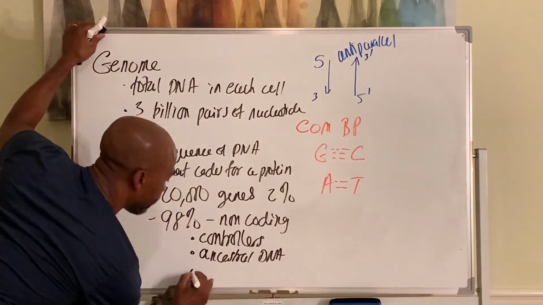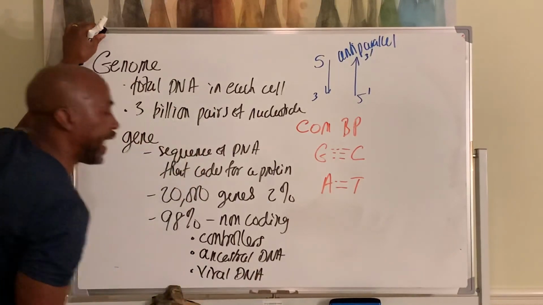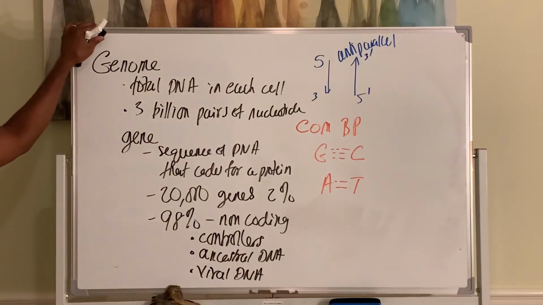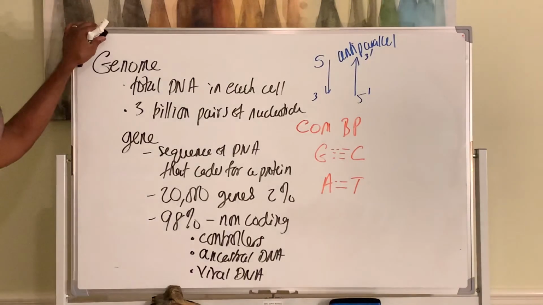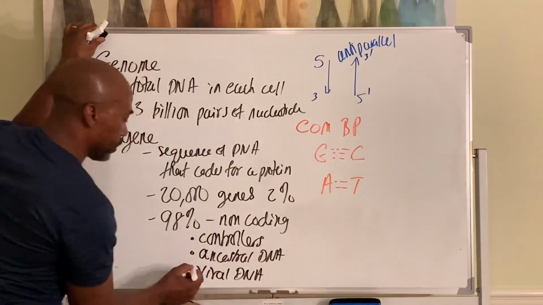And we also have viral DNA, meaning DNA that has been delivered into our genome by viral infections over our history. And once it gets infected by a virus, it gets pushed into your DNA and is passed down through your history, okay? You may also even have bacterial DNA as well.